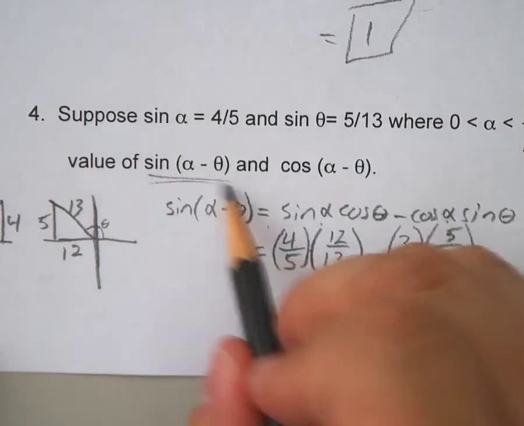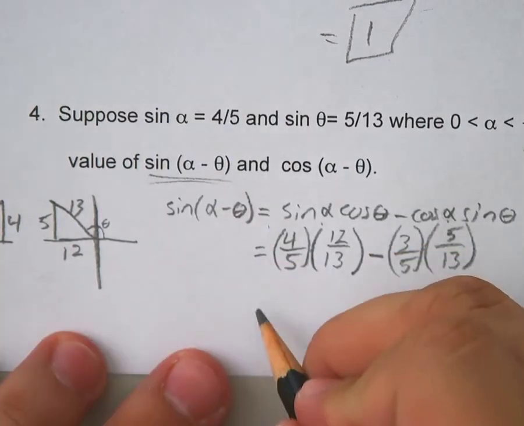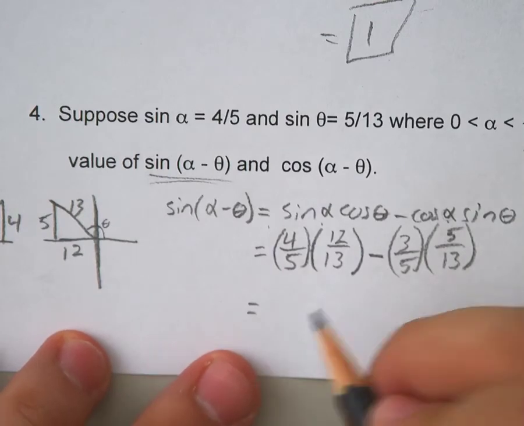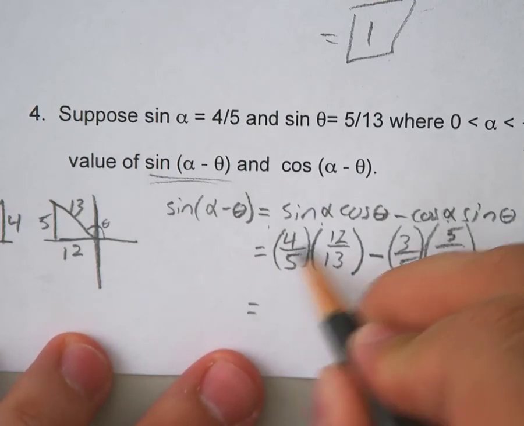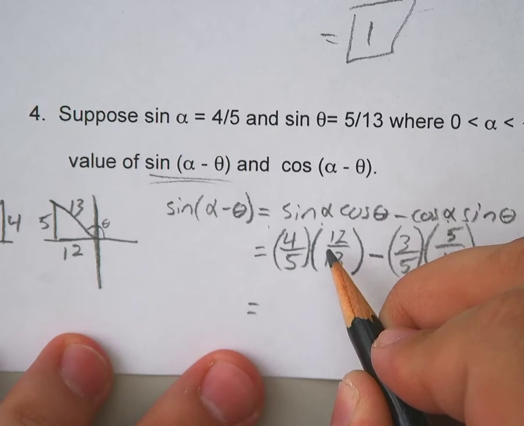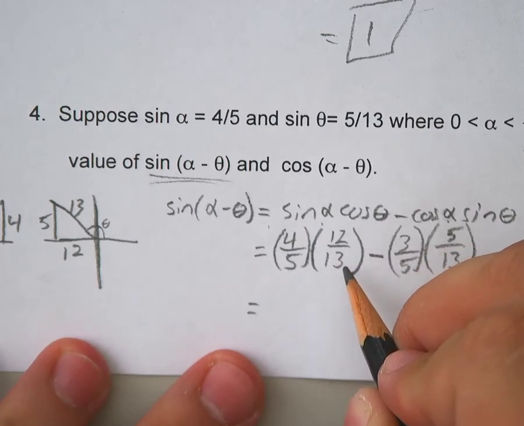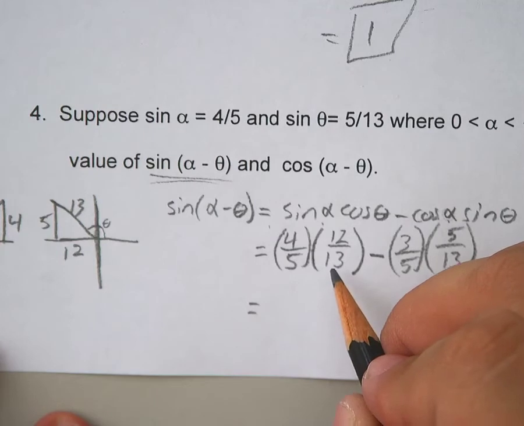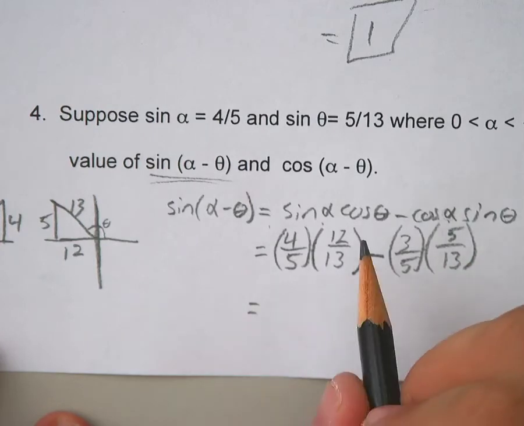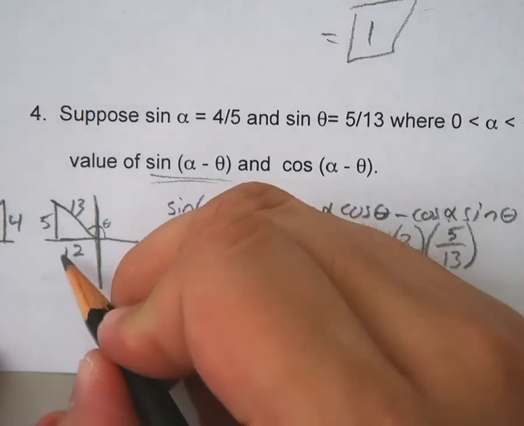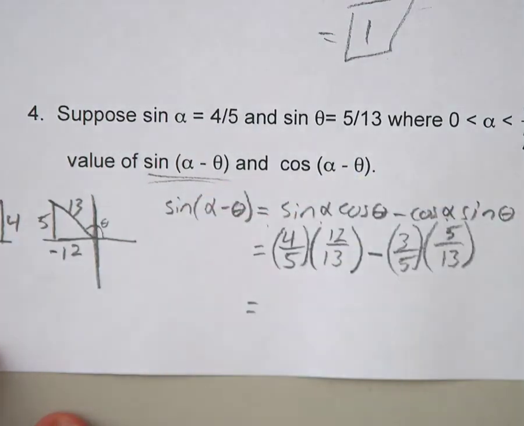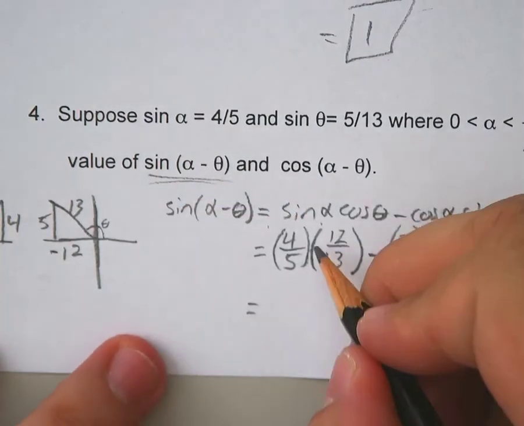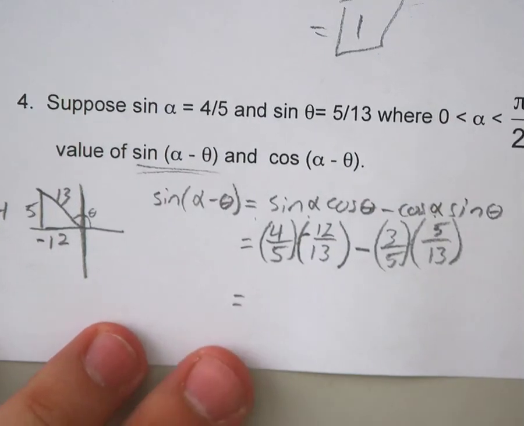Again, this is the part we're finding right here. So that's going to be a little simplifying here. This will be 4 and 12 is going to be... Oh, I'm sorry, I messed something up here. I knew I missed something there. This is why I'm glad you watched. I've got to label this a -12 because it's in the second quadrant. So this will be negative here.